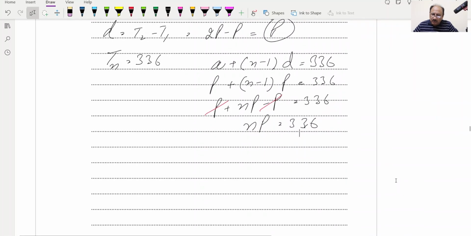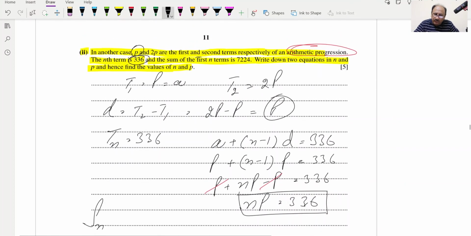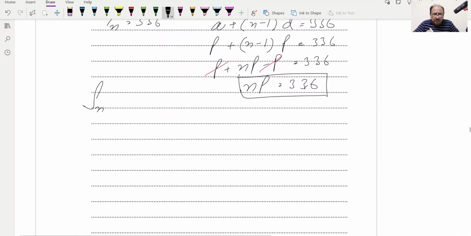Now, after finding this value, we will utilize it. It's given that Sn, the sum of first n terms, is 7224. So we can write the Sn formula: n by 2, and this will be 2a, so 2p, plus n minus 1 into a, which is p, and this is equal to 7224.